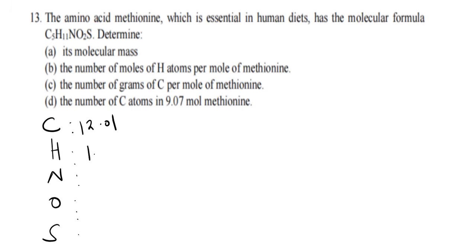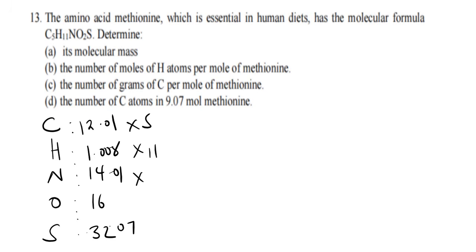Hydrogen is 1.008. Nitrogen is 14.01. Oxygen is 16. Sulfur is around 32.07. Then how many are there? How many carbon atoms do we have there? We've got 5. I'm going to multiply this by 5. Hydrogen, we've got 11. Nitrogen, we've got 1. Oxygen, we've got 2. Sulfur, we've got 1. Then we just solve.